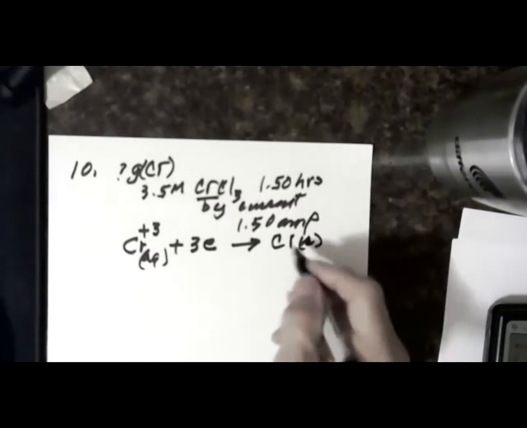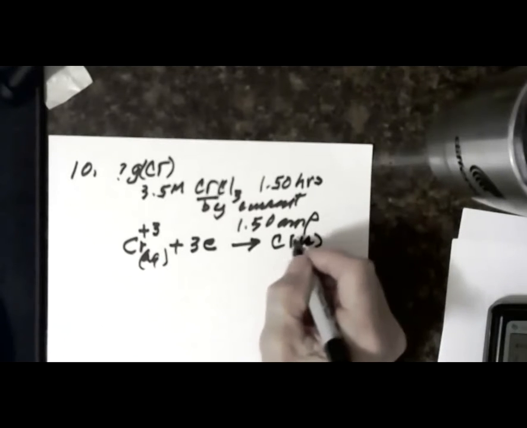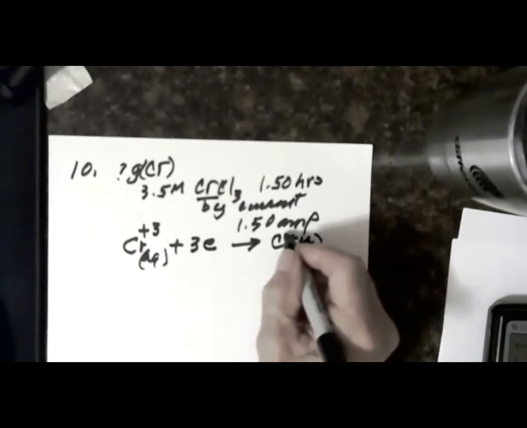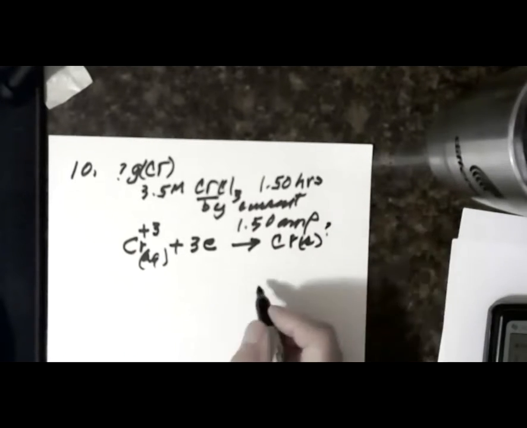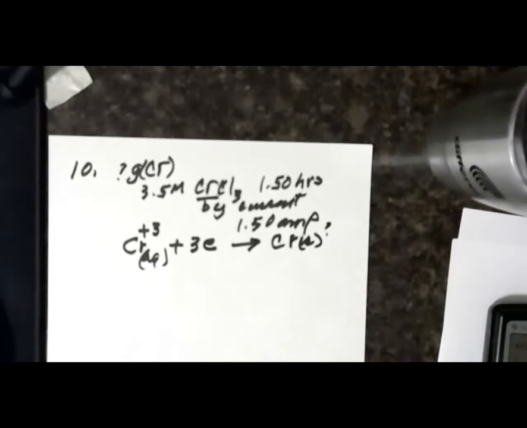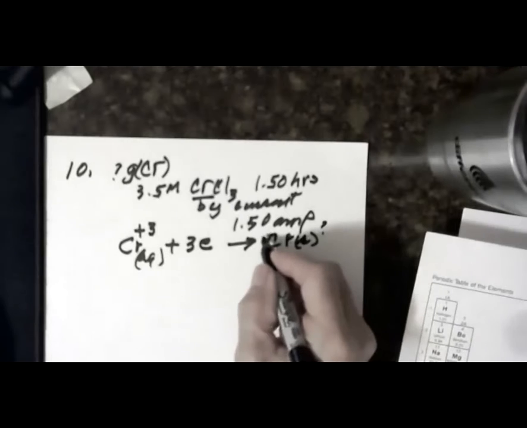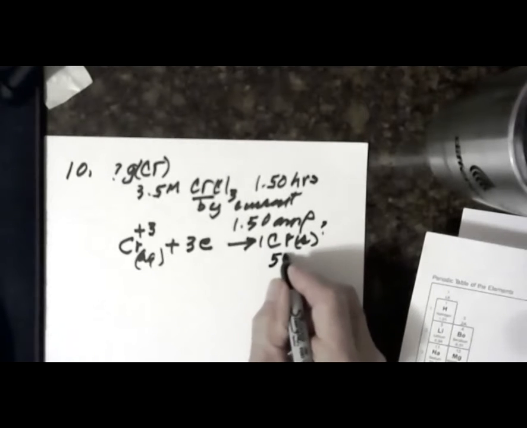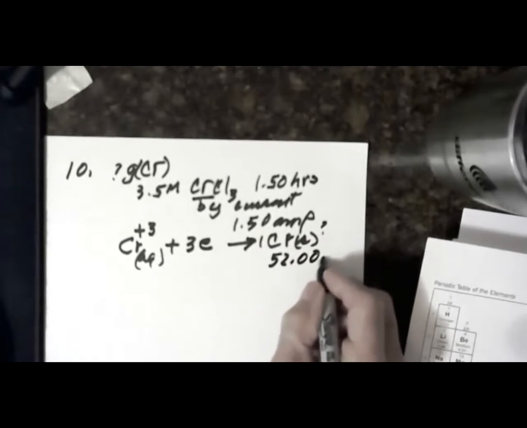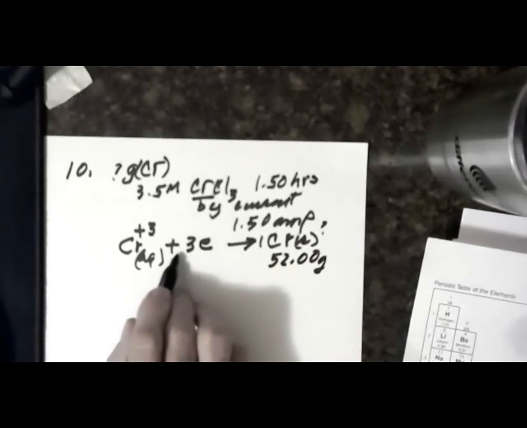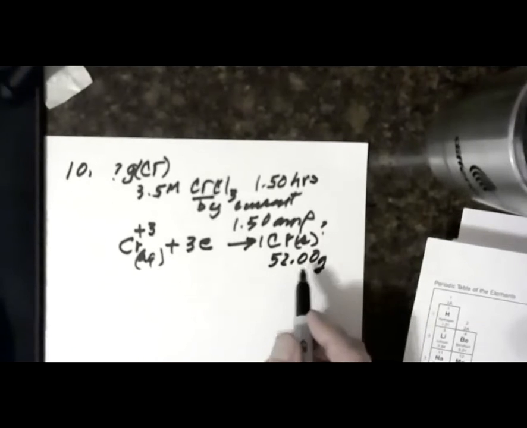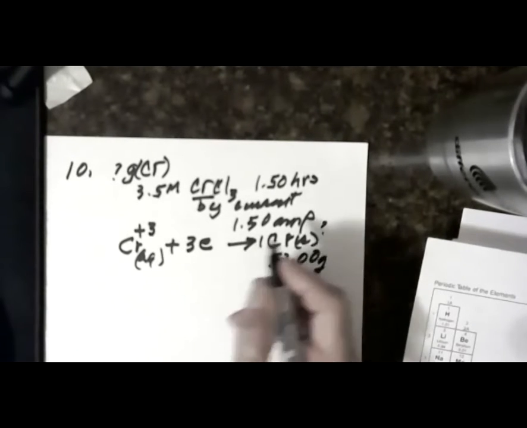So I want to know how many grams of chromium will I get? Well, we're going to need the atomic weight of chromium, and chromium is right there. It's 52. So 1 mole of that would be 52.00 grams. So if I had 3 moles of electrons, I would get 52 grams.